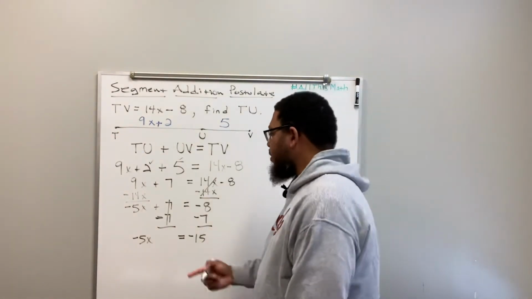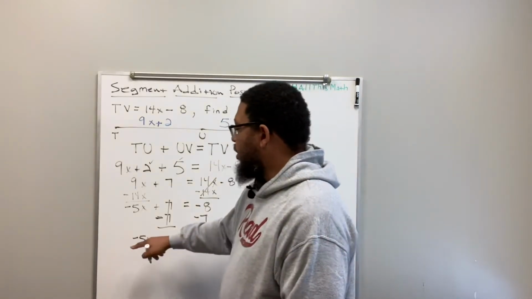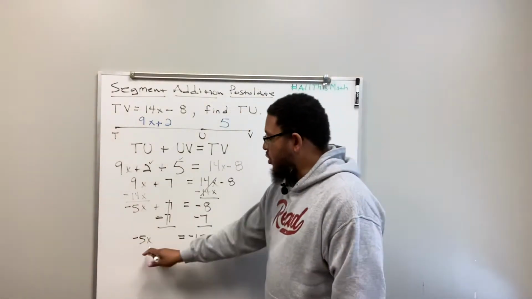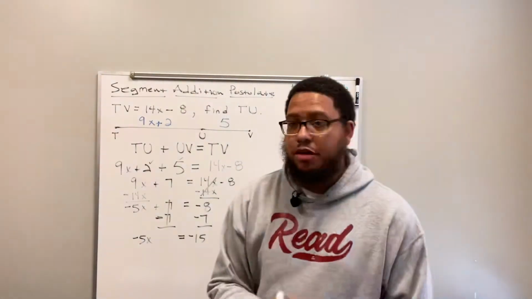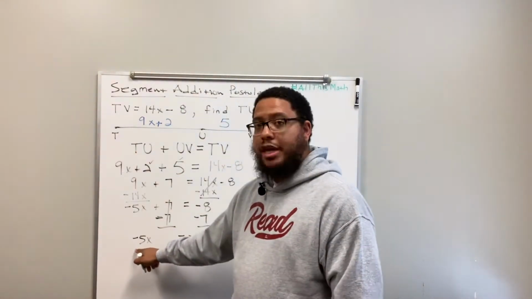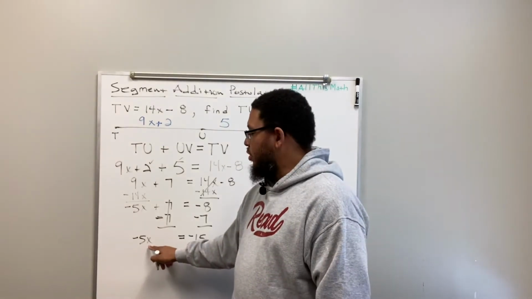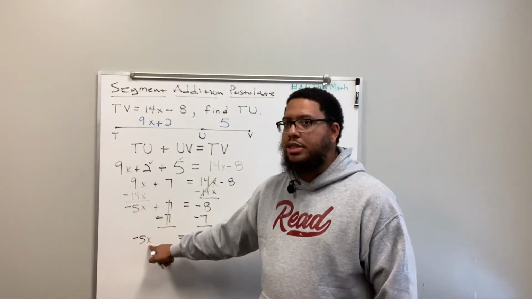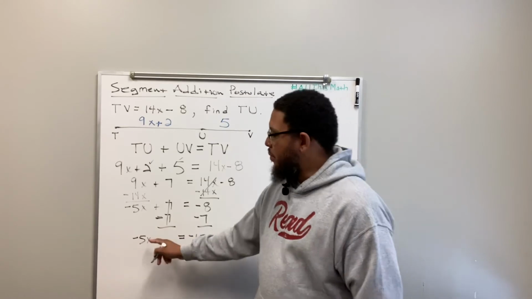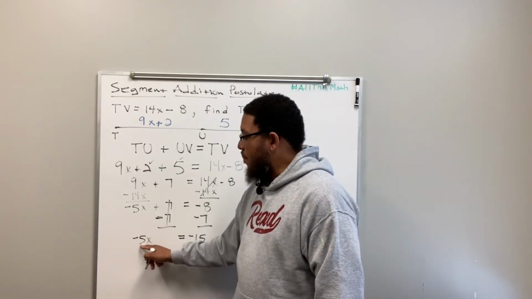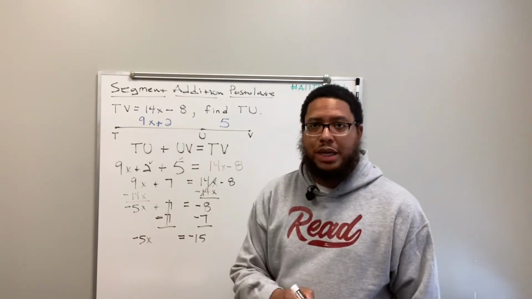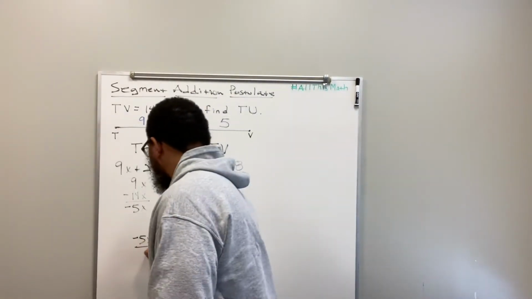All right? Now, I want to get rid of this negative 5. This negative 5 has got to go so that I can solve for x. So I have to do the opposite operation. The opposite of multiplication, because this is negative 5 times x. Don't think of this as a multiplication sign. It's not. It's a variable. But because there's no symbol in between the negative 5 and the x, that means that we are multiplying. So we do the opposite of multiplication, which is division.